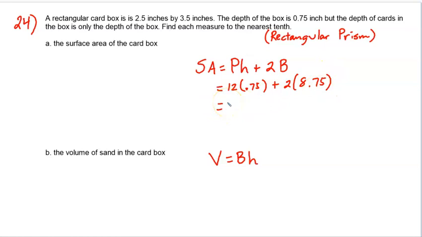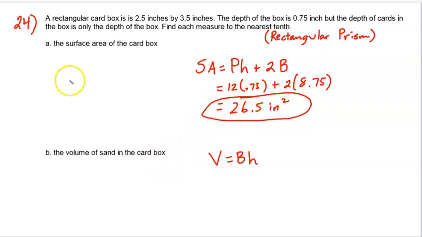So we go to our calculator. Two times 8.75, and we got 26.5 square inches. So that's the answer for letter A. That's the surface area and the volume of sand in the card box.